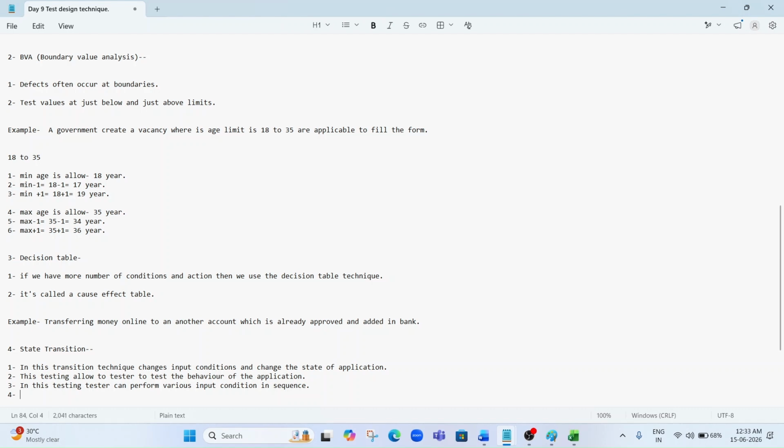The fourth point for state transition: in this testing, the main focus is to provide positive and negative test cases for evaluating the system behavior.